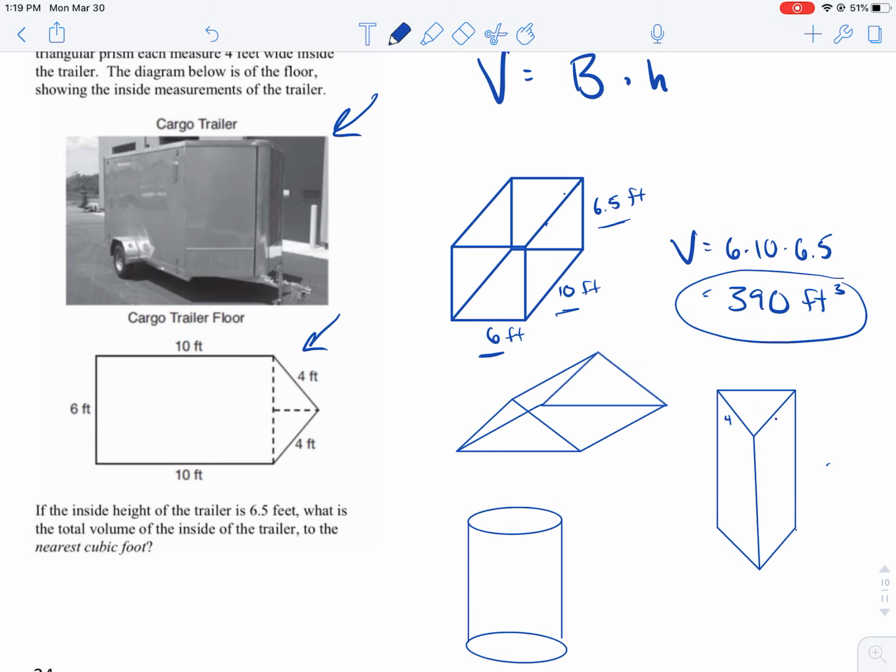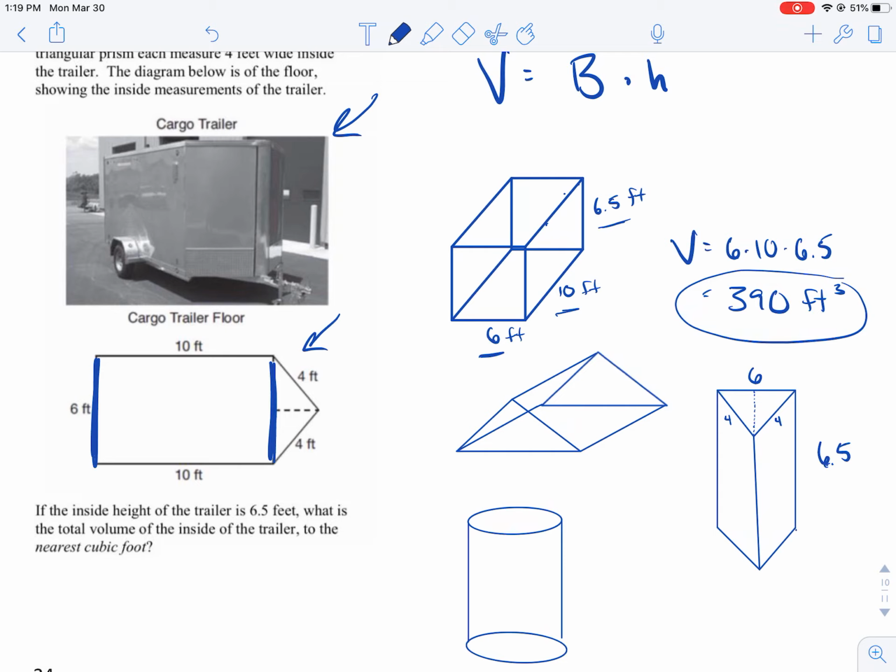All right. So same thing goes for these triangular prisms here. What they've given us are these lengths right here. They've given us the height of this thing. Remember, our height is 6.5. And then this length right here is just 6.